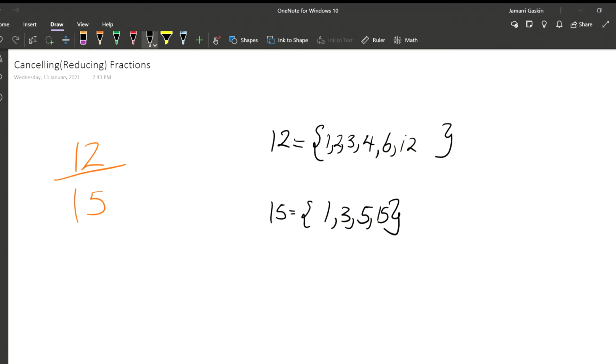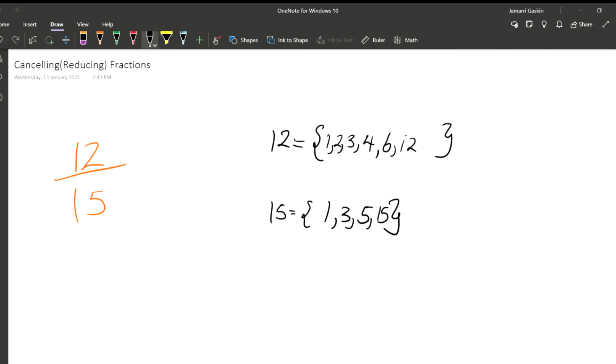Remember, factors are numbers that can divide a specific number without getting any remainders. So for our factors of 12, all of these numbers can divide 12 and not get a remainder. Similarly, for 15, 1, 3, 5, and 15 can divide 15 without giving us any remainders.